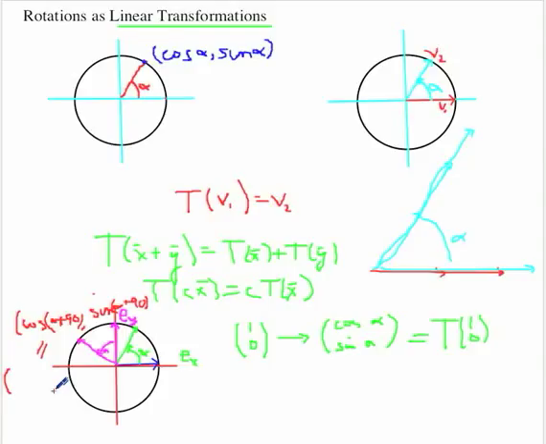And so you probably remember back from trig that, the coordinates of this point are really just minus sine of alpha, cosine of alpha. So in fact, this vector transforms to the vector minus sine alpha, cosine alpha.